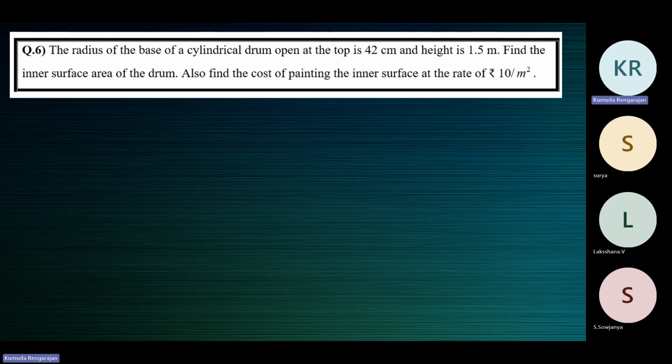So when we say find the surfaces that can be painted, the material should be used there. So for the drum, there is material that makes the curved surface area. There is material that makes the base of the cylinder, but there is no material that makes the top because it's an open cylinder.